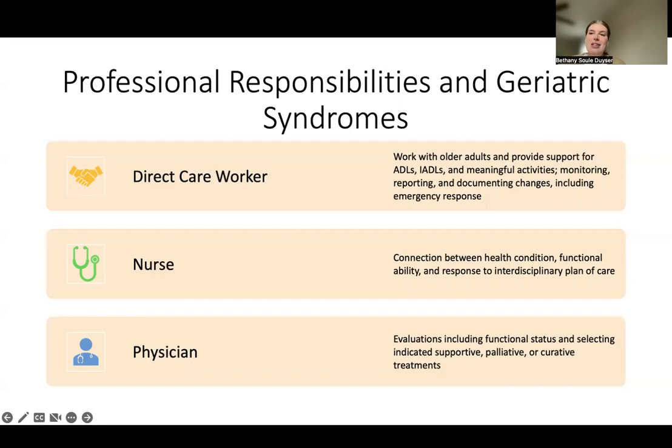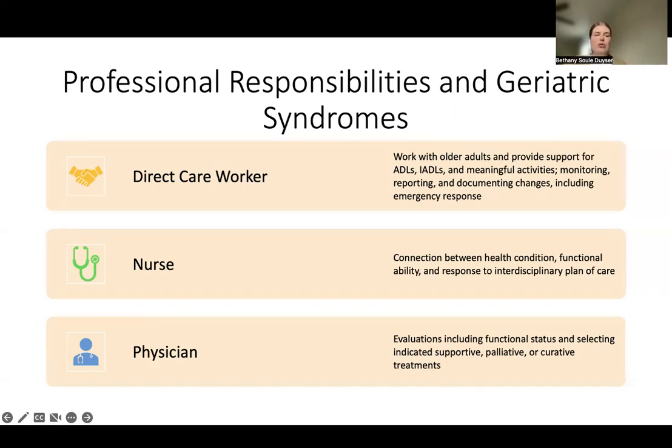And because of that closeness and the nature of their work, direct care workers can be a very good resource in identifying very nuanced changes to those patterns. And that includes notifying emergency response when something happens.